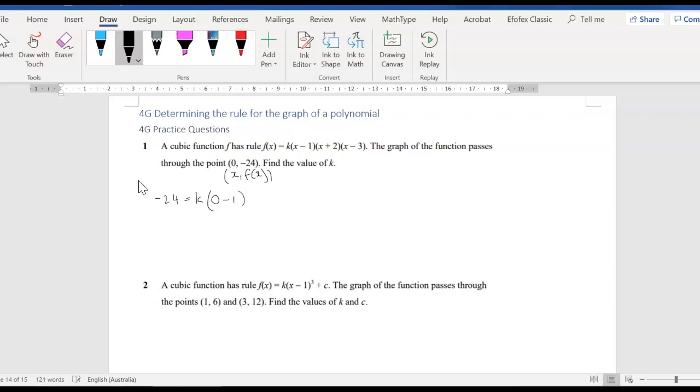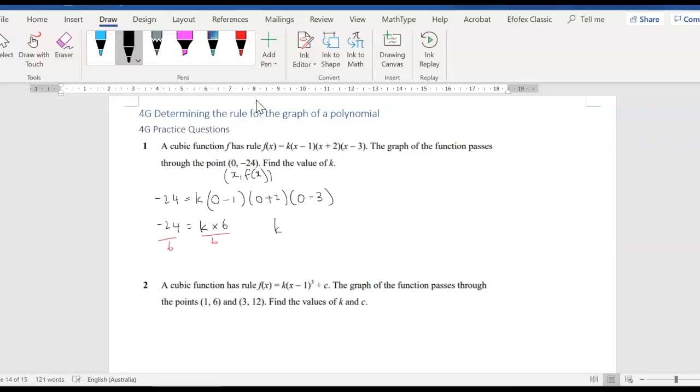All right, so let's just do this. We've got negative 1 times 2 is negative 2. Negative 2 times negative 3 is positive 6. So we're going to have k times 6. Now to get k by itself, we're just going to divide both sides by 6.